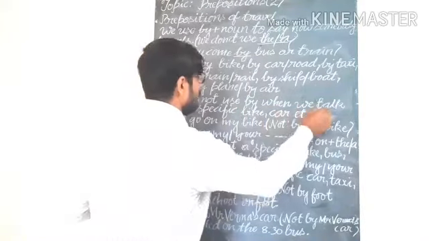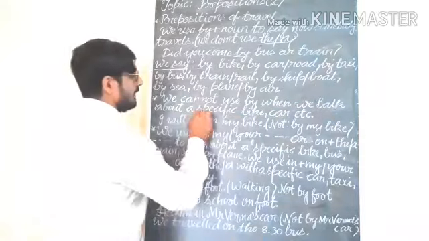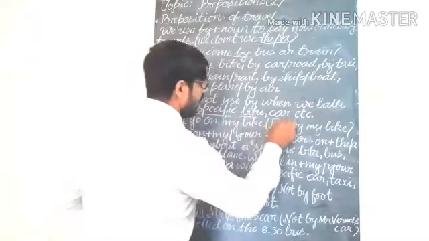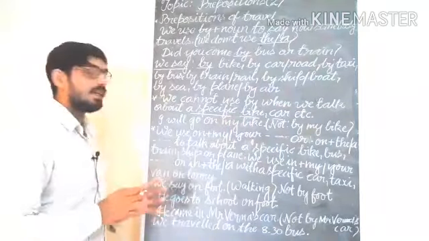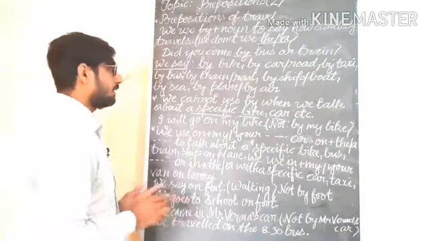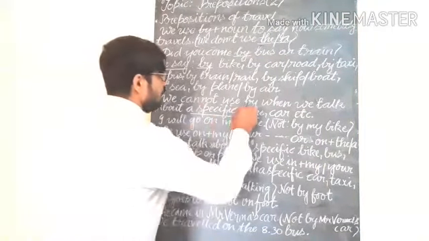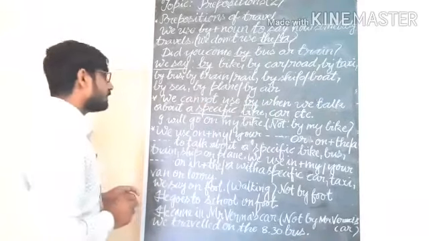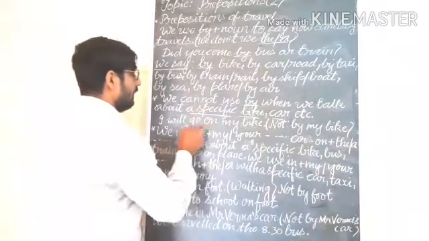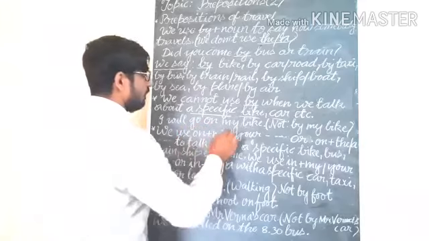We can't use "by" when we talk about a specific bike, car, etc. When we talk about a specific bike or car, we don't use the word "by". Look at the example: I will go on my bike.